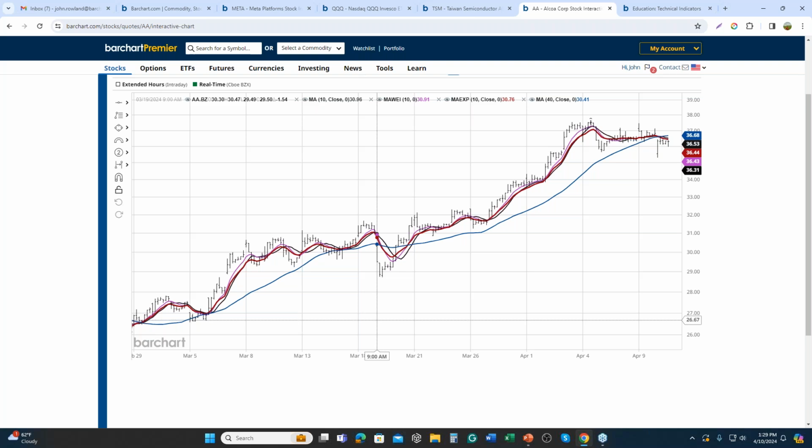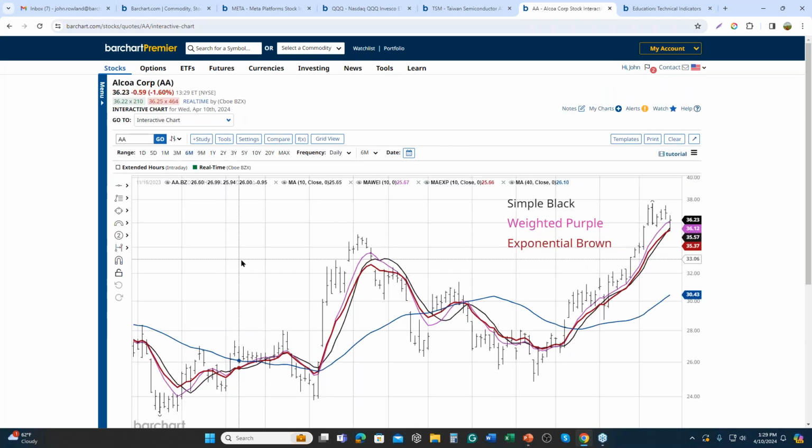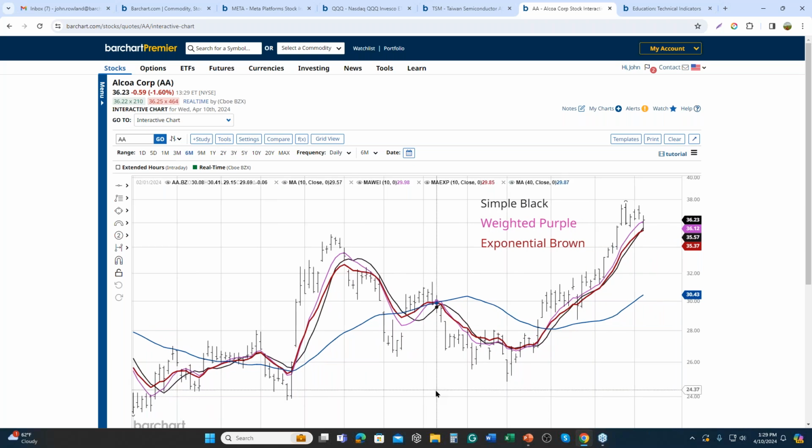This could be a signal for us that we're seeing the dynamics of a potential change in our higher time frame moving averages.